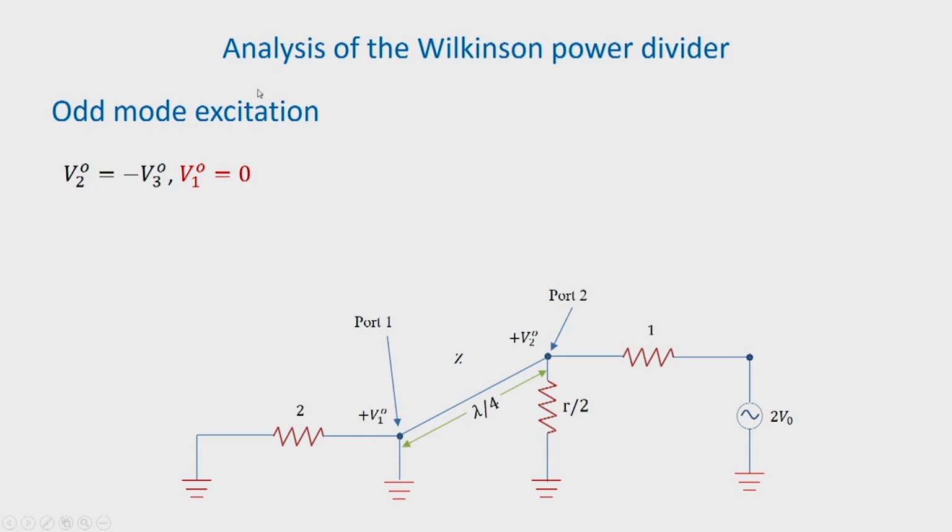Similarly, for odd mode excitation, here we connect to V naught, and in port 3 we will connect minus V naught, and therefore, V3^O will be negative of V2^O.